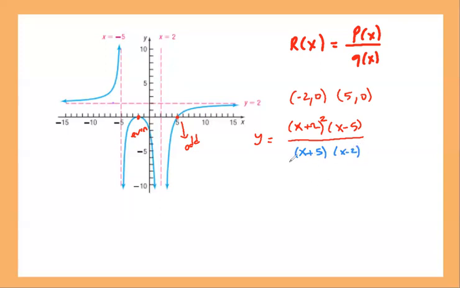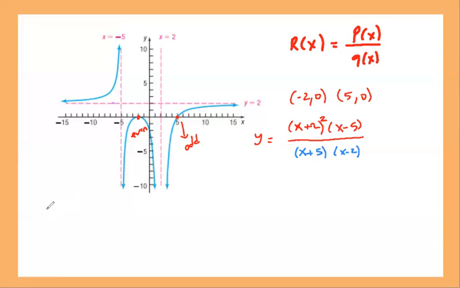But I like to be careful with the multiplicity of these factors as well. At -5, if you look at the graph, it goes all the way up to positive infinity as you get closer to -5.